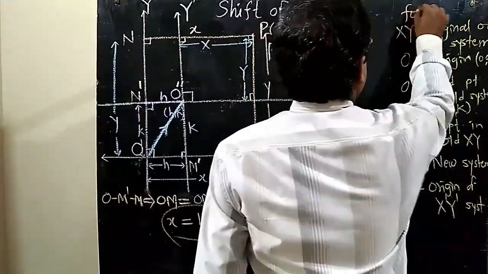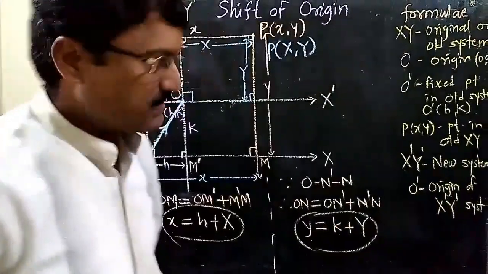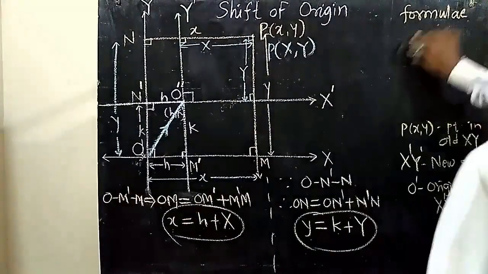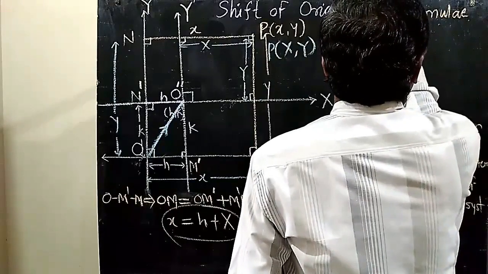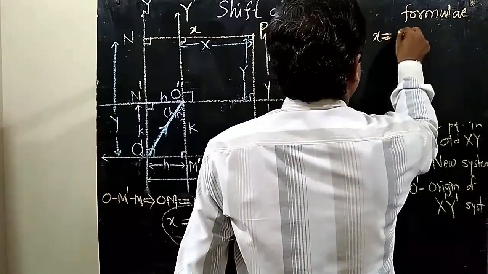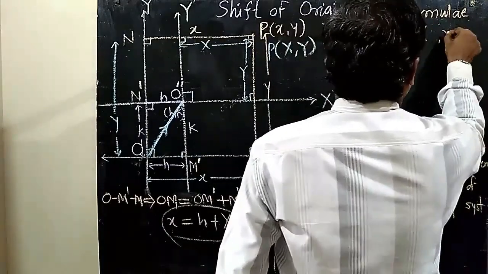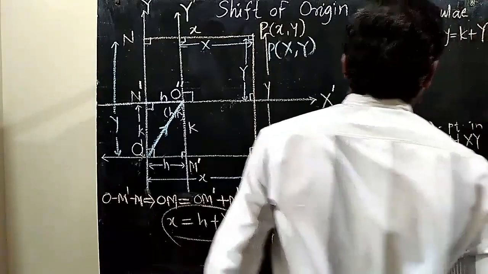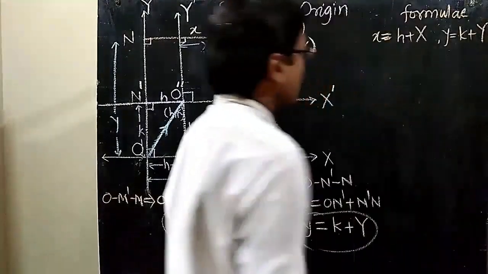So we will write here formulae for shift of origin. Those formulas are small x equal to h plus capital X and small y is equal to k plus capital Y. We can write the same formula in different forms.